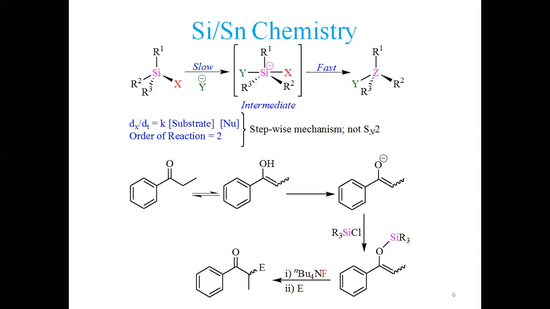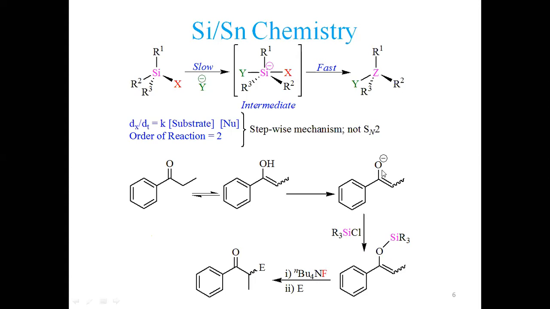Whenever we react it with fluoride, this silicon, bonded with three alkyl groups and one oxygen, becomes bonded with fluoride. Now this fluoride forms a very strong bond with silicon. This oxygen shall leave, resulting in the formation of this enolate.